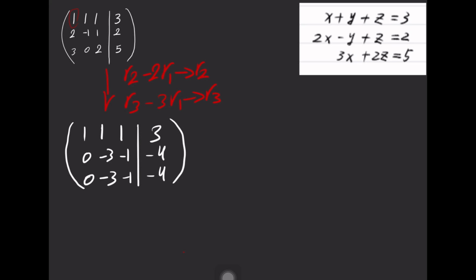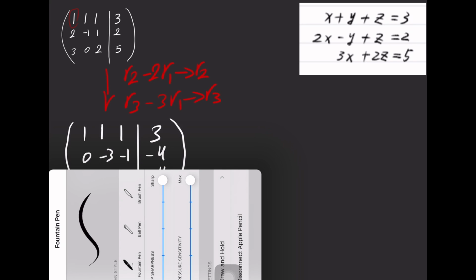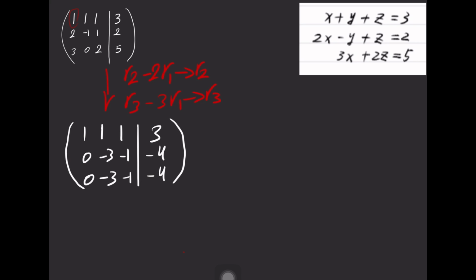That means we can eliminate one of them since they do not give us any new information. So what we're going to do now is try to eliminate the last row. And the way to do it, we're going to perform the following row operation, which is row 3 minus row 2 in row 3.